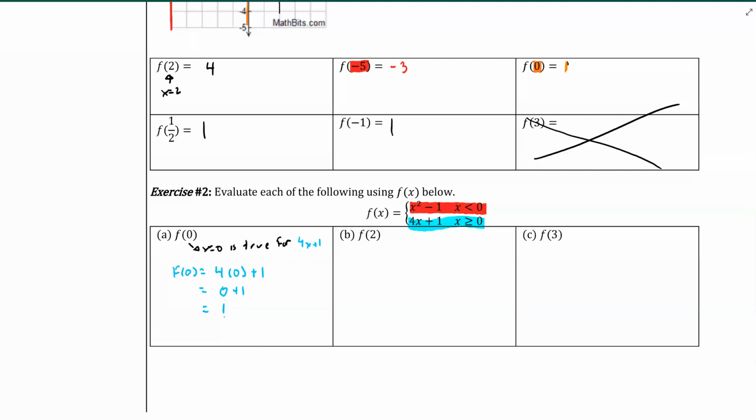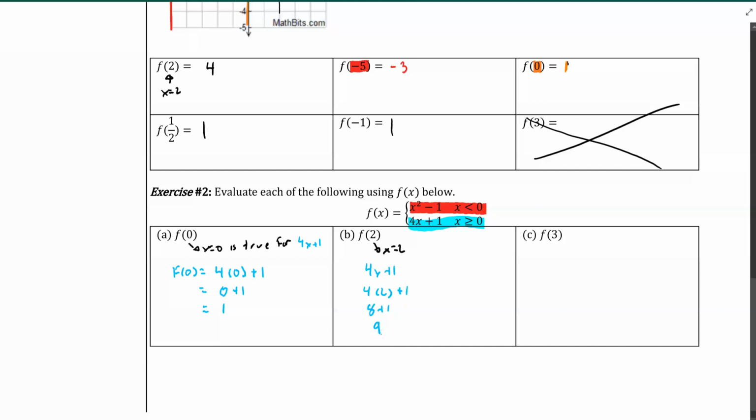So we have x equals 2. So this will be used for the second equation because 2 is true for the second set. So again, we have 4x plus 1, 4 times 2 plus 1, 8 plus 1, 9.